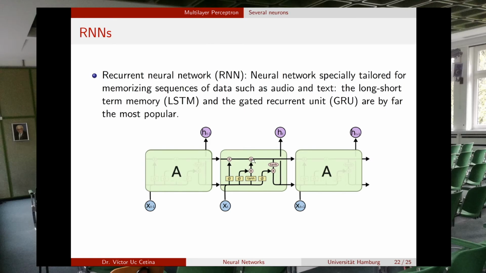Depending on how you design the inner topology of this network, you can be talking about an LSTM or a GRU. These two models are very comparable in terms of performance. An important difference is that GRU requires fewer units inside the main building block.